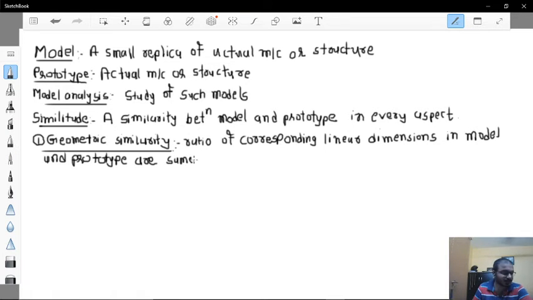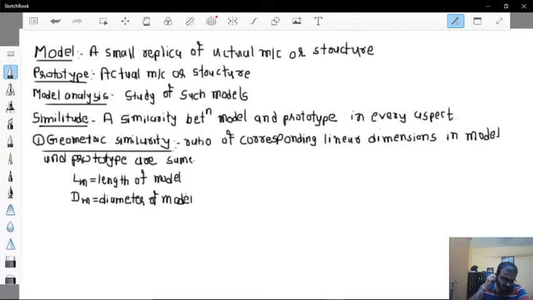So let's have some nomenclature here. LM is equal to length of model, then DM diameter of model, and VM being volume of model.